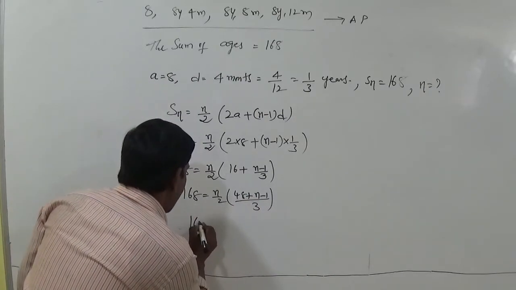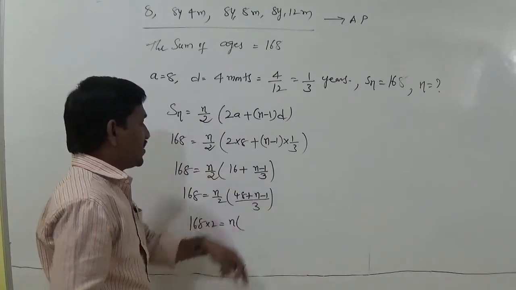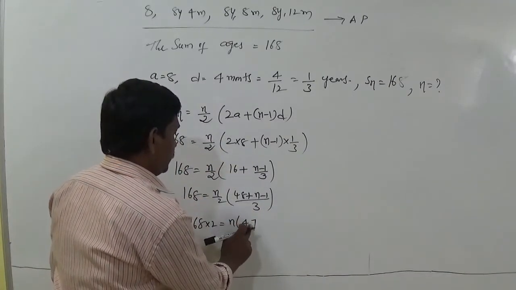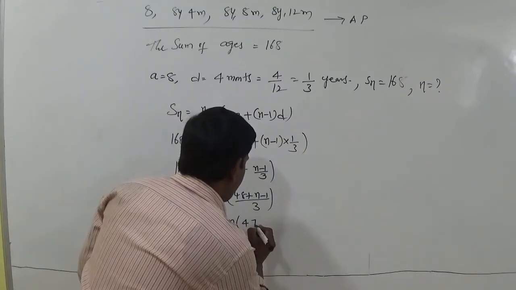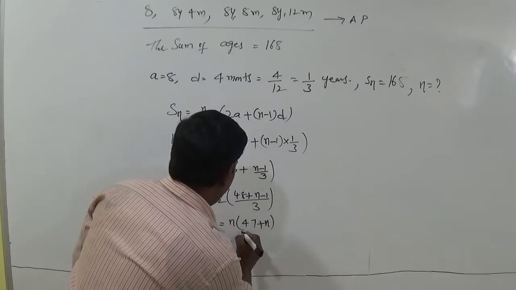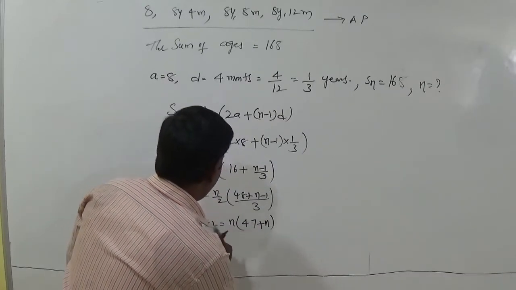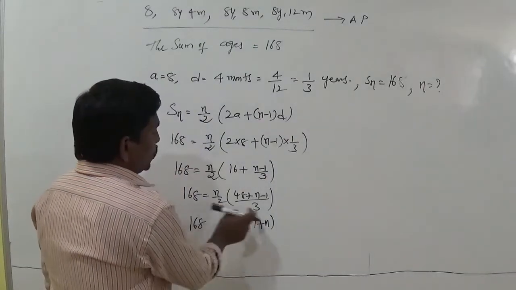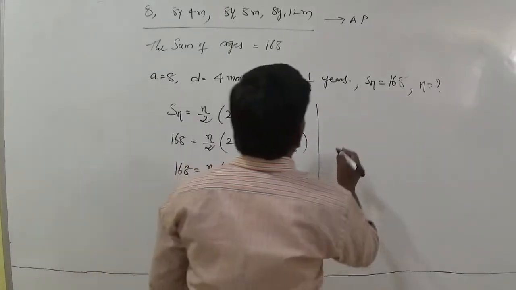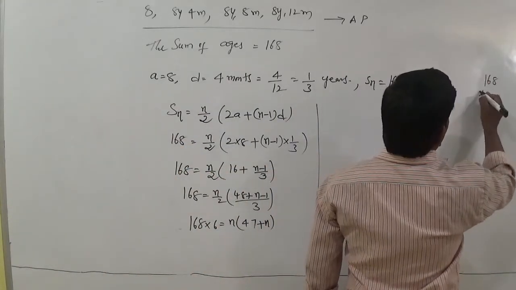Okay, 168 into 2 equal to n into 48 minus 1, 47 plus n, by 3. We can calculate totally, 2 3s are 6. So 168 into 6.